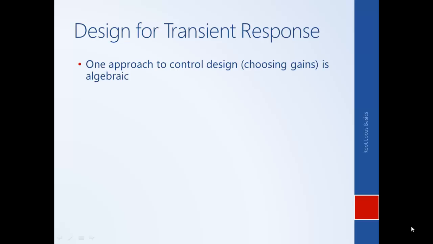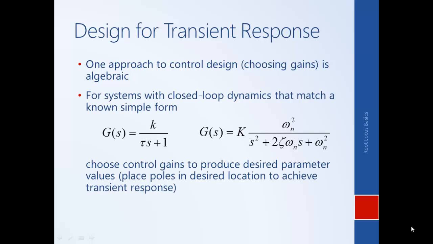So previously, when we began to design controllers, we basically used an algebraic approach for choosing our gains. When we have a system that has a known simple form, for example, the form of a canonical first-order system or a canonical second-order system, we can use algebraic relationships to choose various parameters to achieve desired pole locations and transient performance.